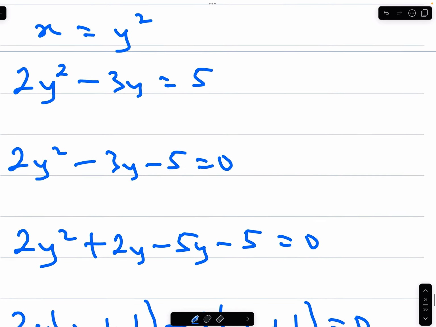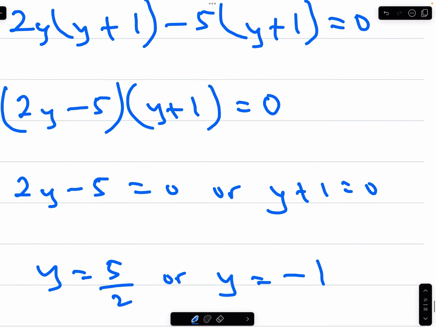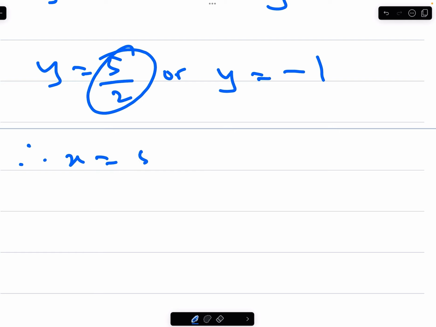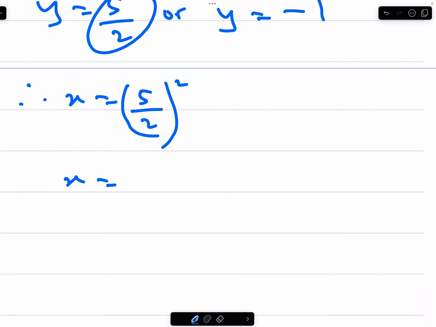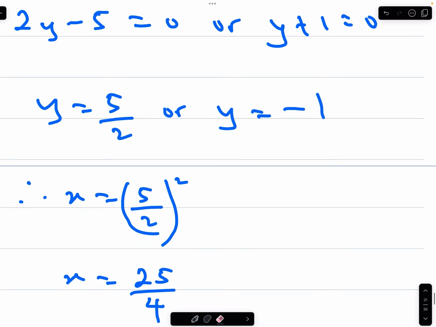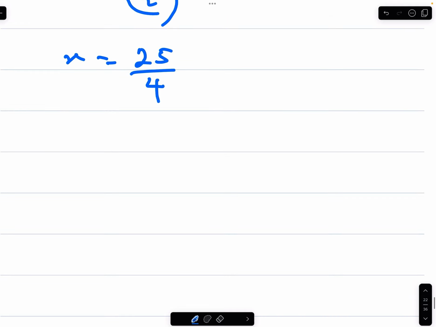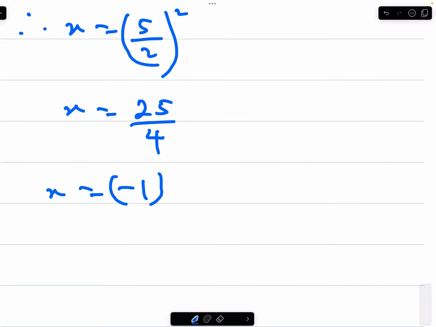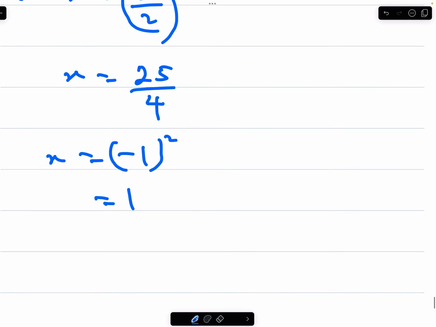And what does that now mean? Now x is therefore, and I know that x equals y squared. So when y is 5 over 2, x will be equal to the square of 5 over 2, which is 25 over 4. And when y is minus 1, x will be equal to the square of minus 1, which is equal to 1.